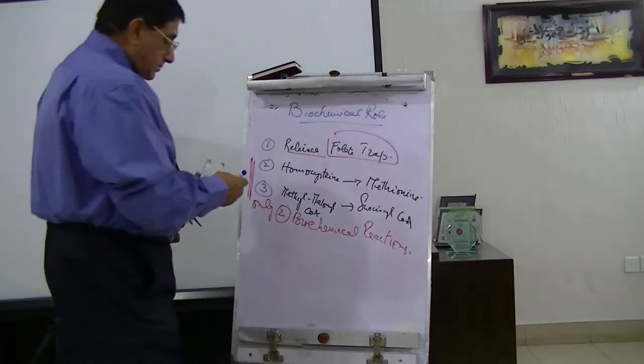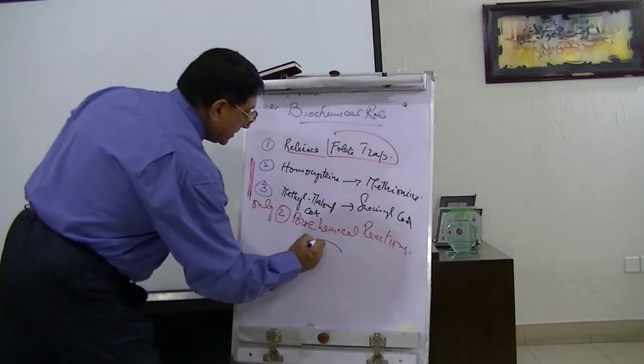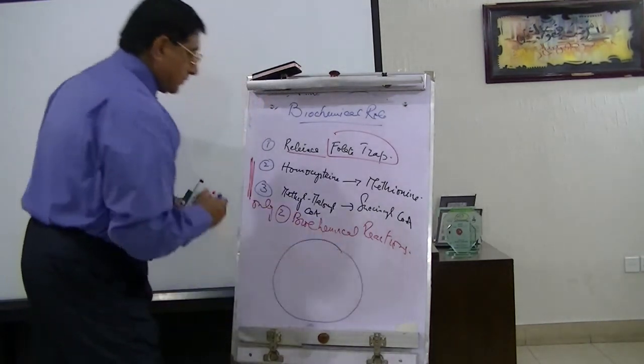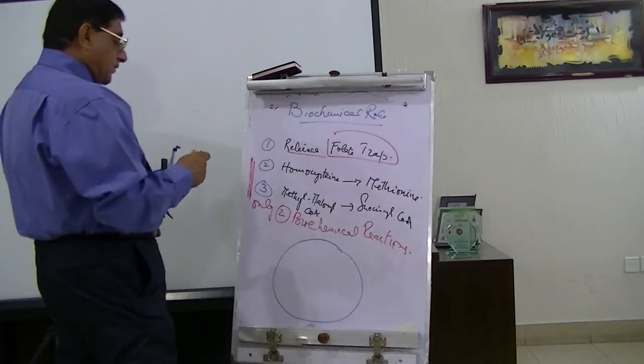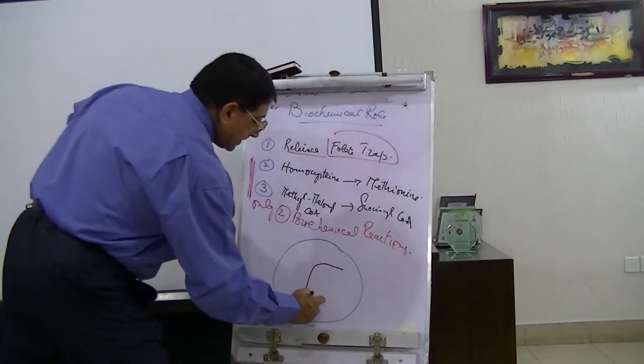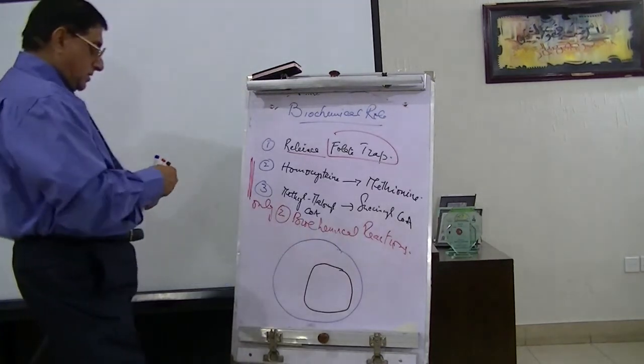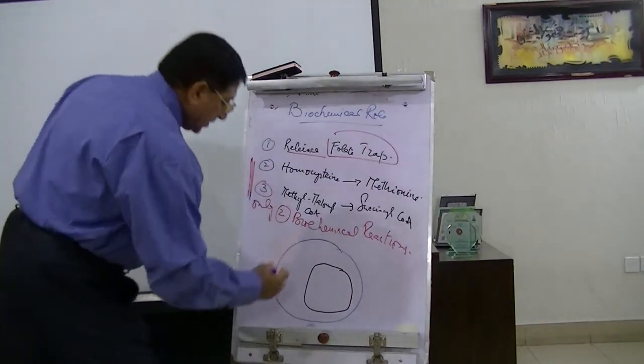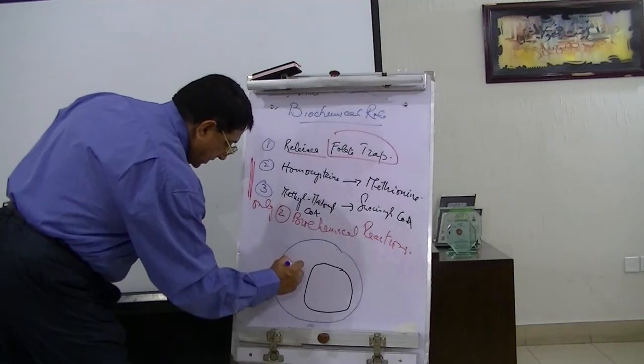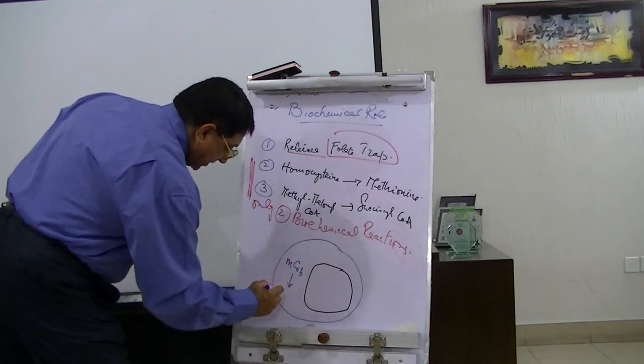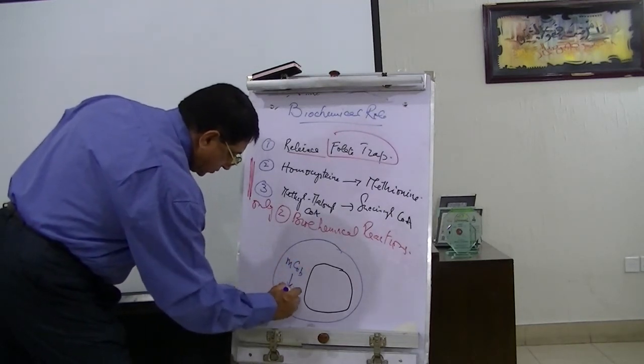In the liver, if this is a liver cell, then you've got mitochondria. Over here it becomes methylcobalamin and it converts homocysteine into methionine.